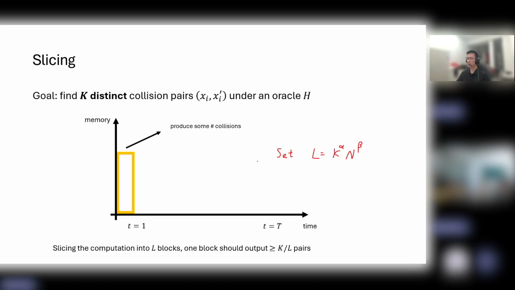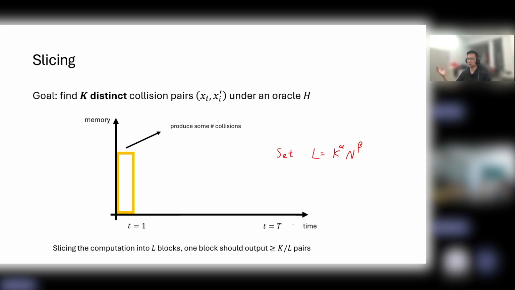You can think of this by taking it to the extreme. Let's say L equals 1. Then there's really no space constraint, because inside a block, there's no space constraint. So if you take L equal to 1, you cannot get any meaningful bound.